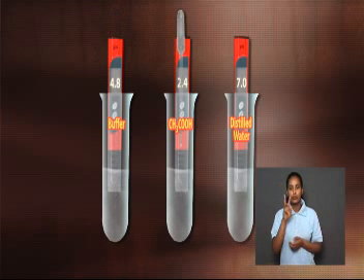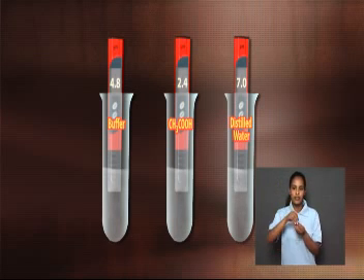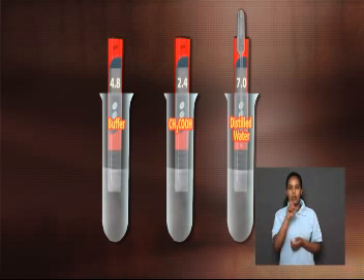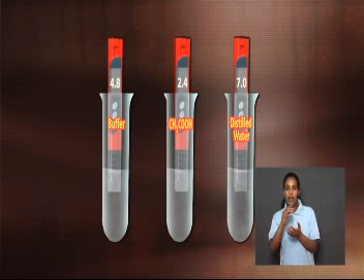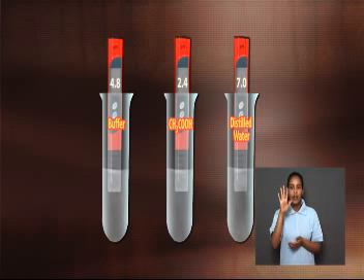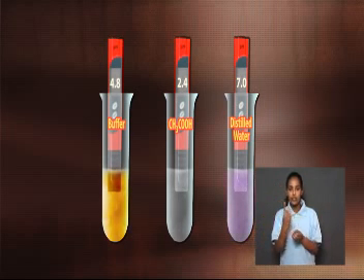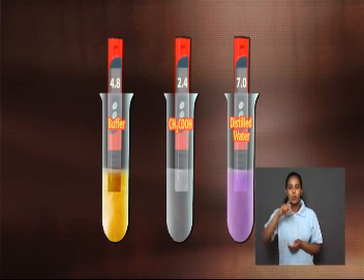Into a second test tube, 5 milliliters of 0.10 moles per liter of acetic acid are added. 100 milliliters of distilled or deionized water are then added to a third test tube. 5 drops of universal indicator are added to each test tube, and the pH is estimated.